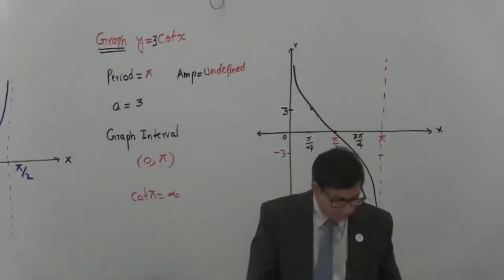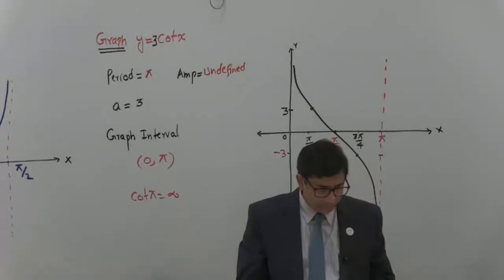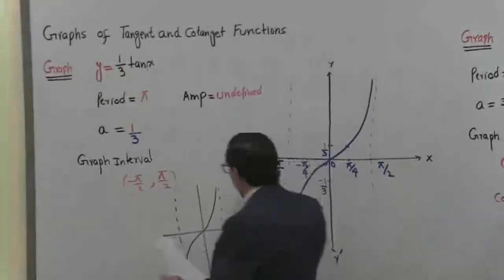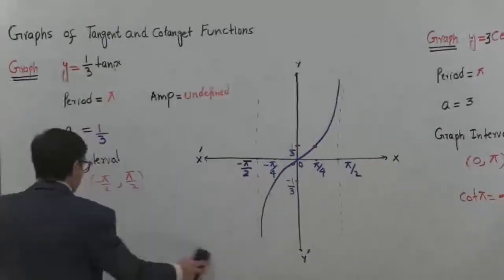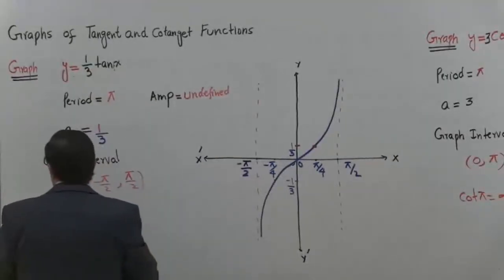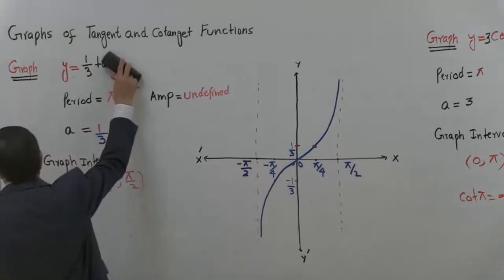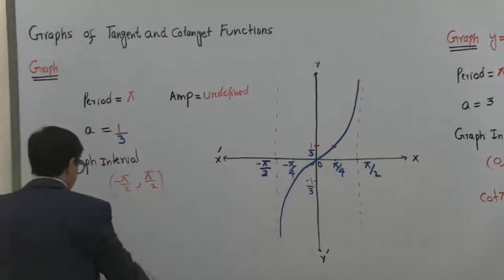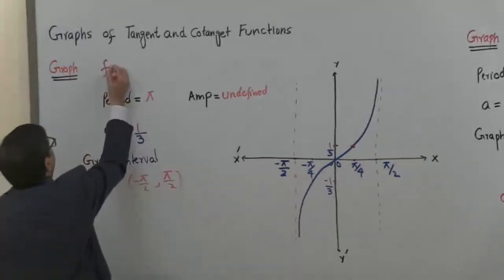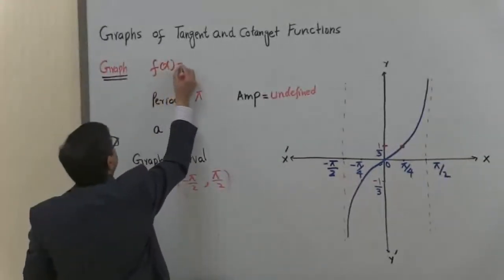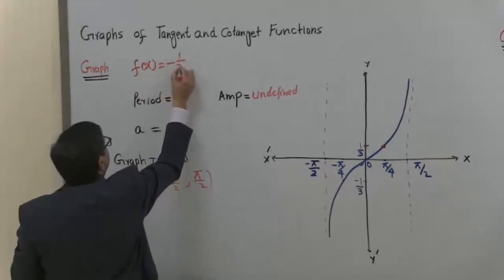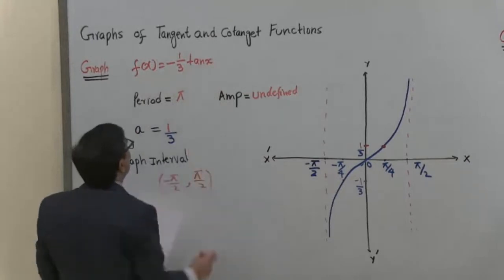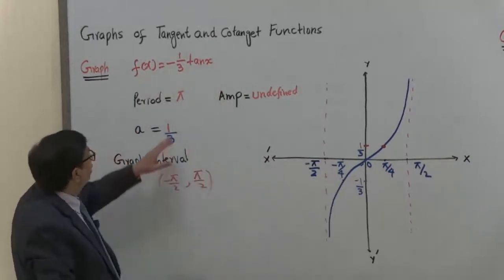Now, I give you another question. For example, instead of y, I'm writing f(x) equals -1 over 3 tangent of x. I'm not changing much, only changing the sign of this one.